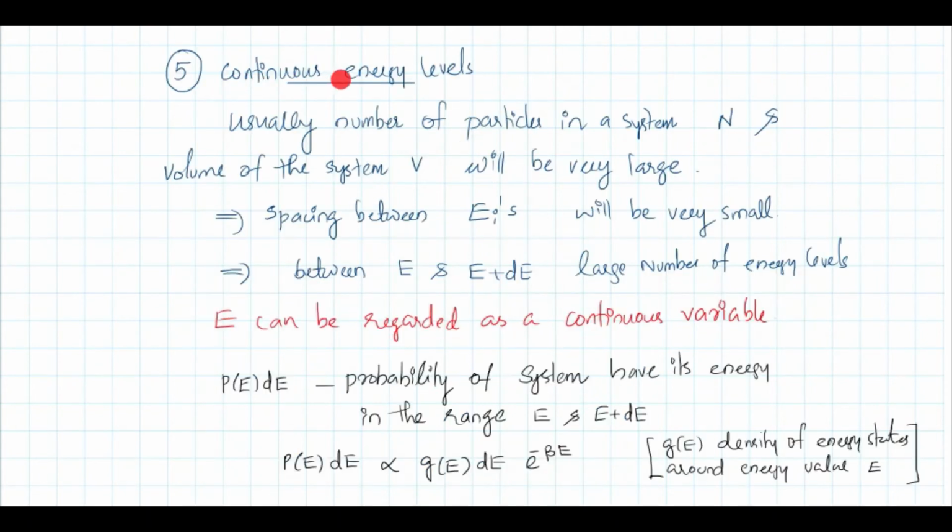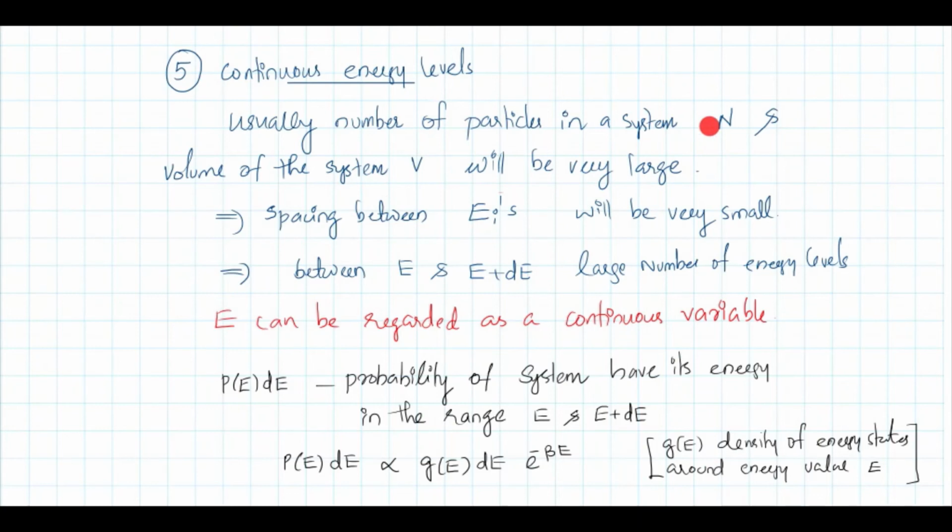Now the case with continuous energy levels. Usually, the number of particles n and volume of the system V will be very large. In thermodynamic systems, the number of particles and volume is usually very large.